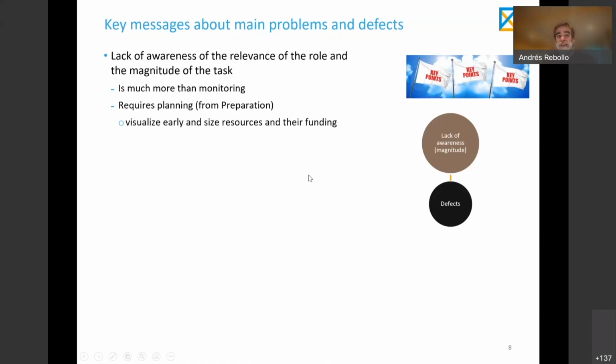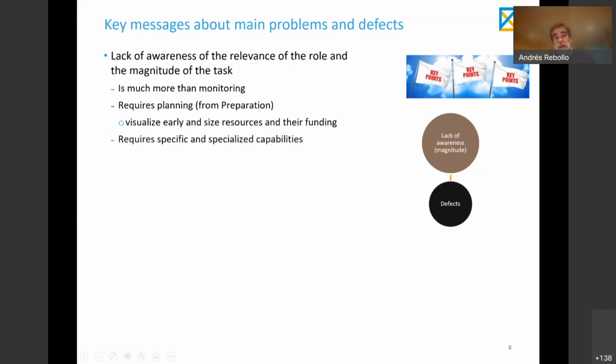It should allow us to visualize what are the resources that we need, the estimate of the funds that we will need, and the estimate of the costs to match those resources. And we need to incorporate that in the cost benefit analysis, in the value for money analysis, in the financial feasibility of the project.